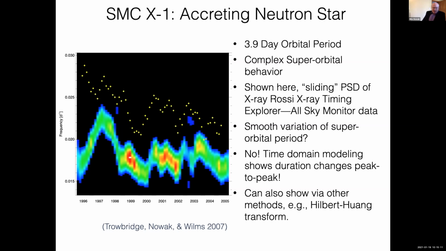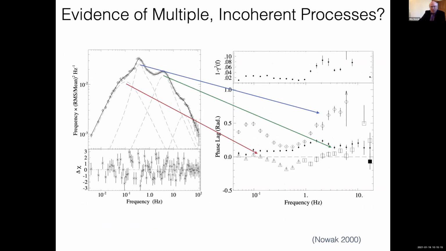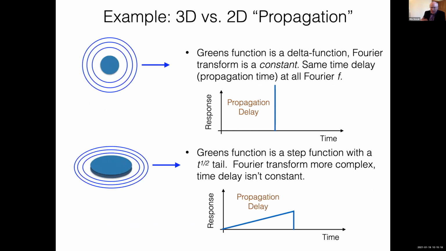Again, I apologize, I went over that pretty quickly. As I said, if there is a very simple input response with a single propagation time delay in 3D, at all Fourier frequencies you're going to see that same time delay, just because the Green's function is a delta function in 3 dimensions.